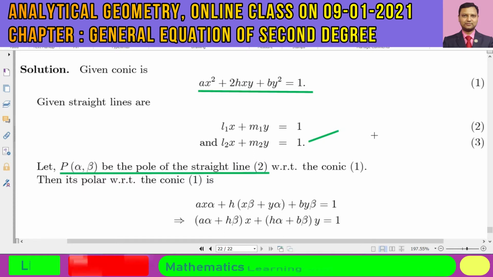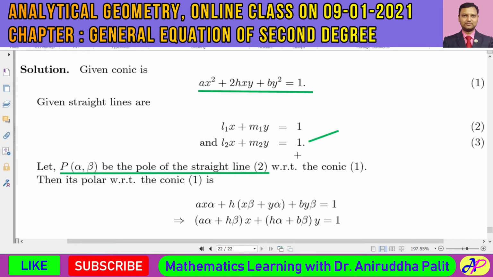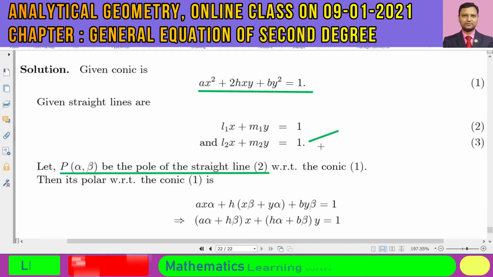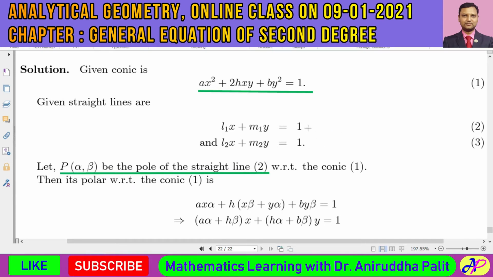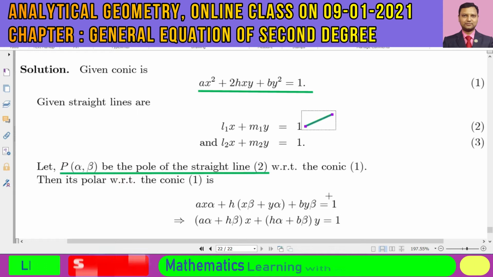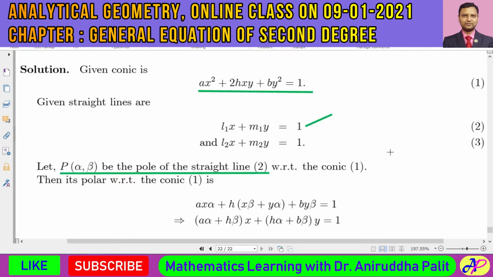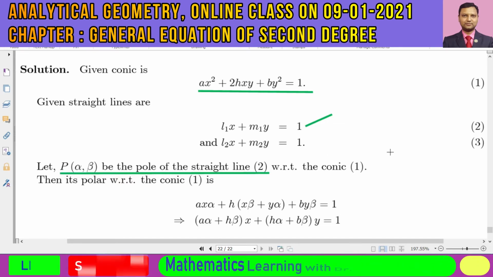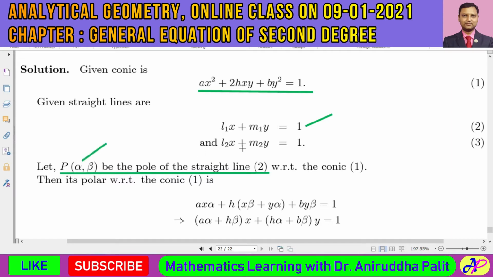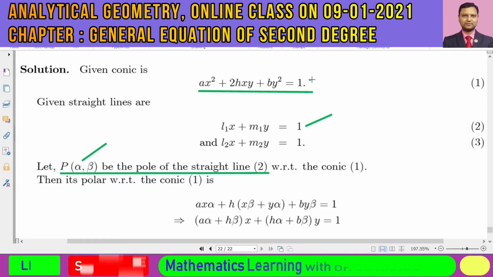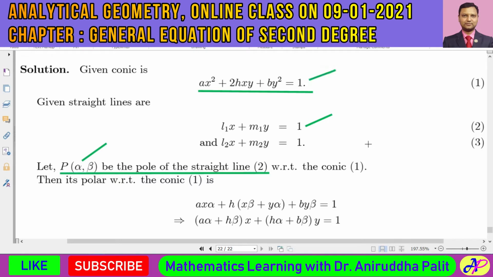And if it is so, then this straight line number 2 must be the polar of this point P with respect to this conic number 1. This equation number 2 must be the polar of this point P with respect to the conic number 1.